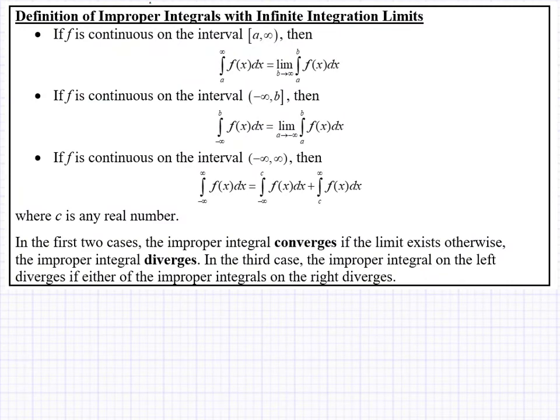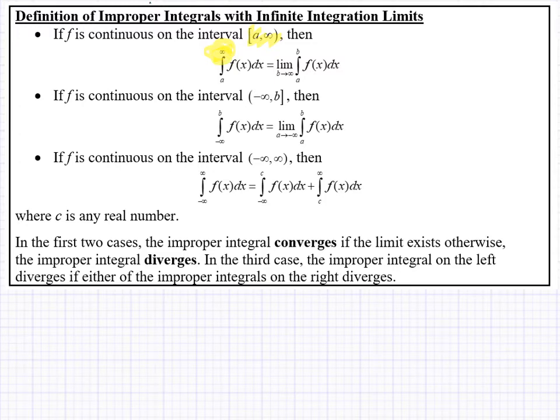So we break it into 3 scenarios here. Scenario 1 is the one we just dealt with, where we're working with an interval from a to infinity. So infinity is on the right-hand end of the interval, the top limit of your integral, in which case that is an issue, right?